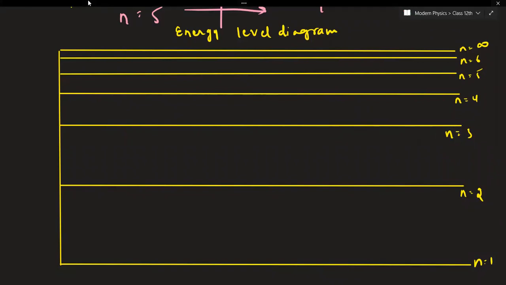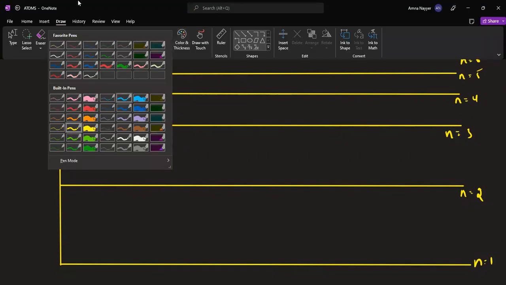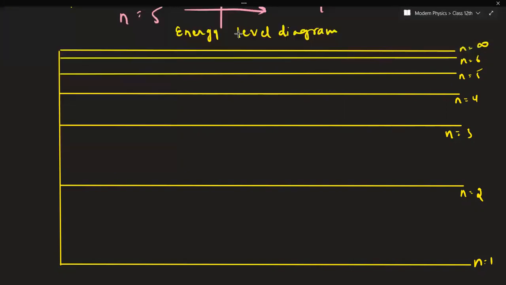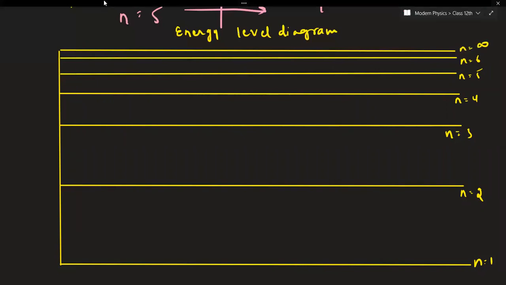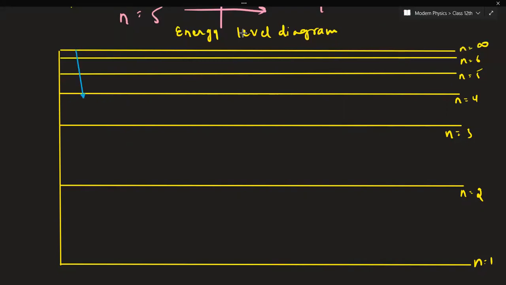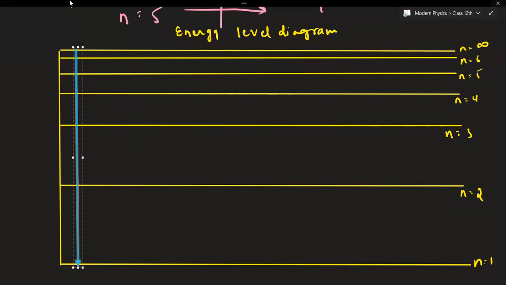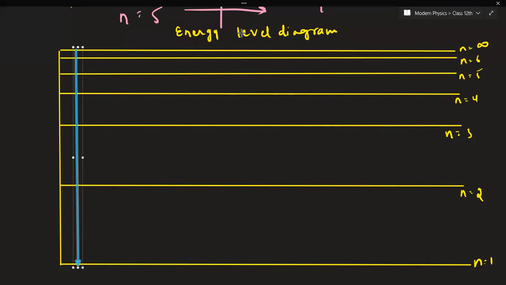Now, rays that will be falling from infinity to the first shell, ground state you can say also. What is the name that is given to all these?